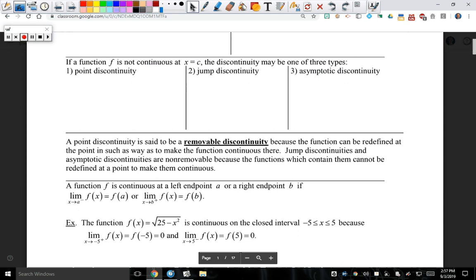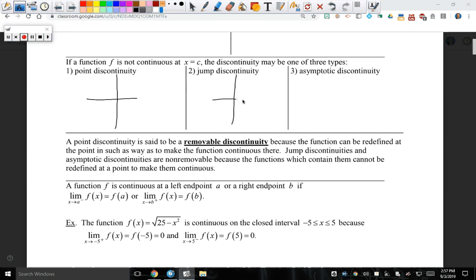So let's do a point discontinuity, a jump discontinuity, and an asymptotic discontinuity. So real quick, we'll do one example of each. And just real quick, to make sure that you're solidified, let's say this is c, and this is c. And we want to show where it's not continuous.